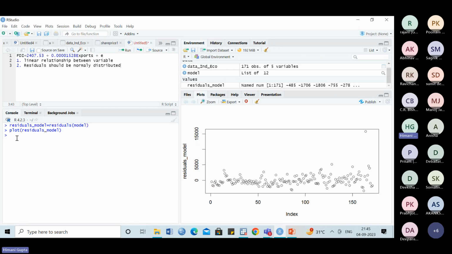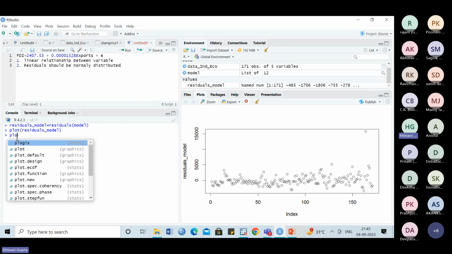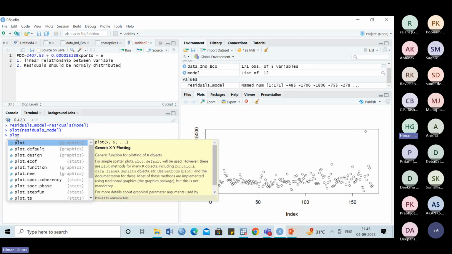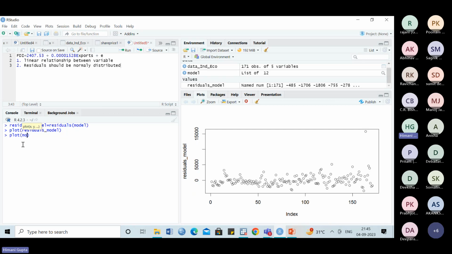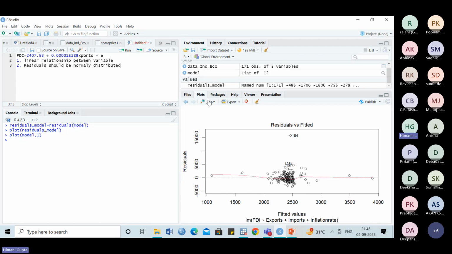Now, another way to see the plot. This is one of the ways: directly make the plot of the residuals, or another way is to make the plot of the model. Just write plot(model, 1). Now see over here, it's always with the residuals only.